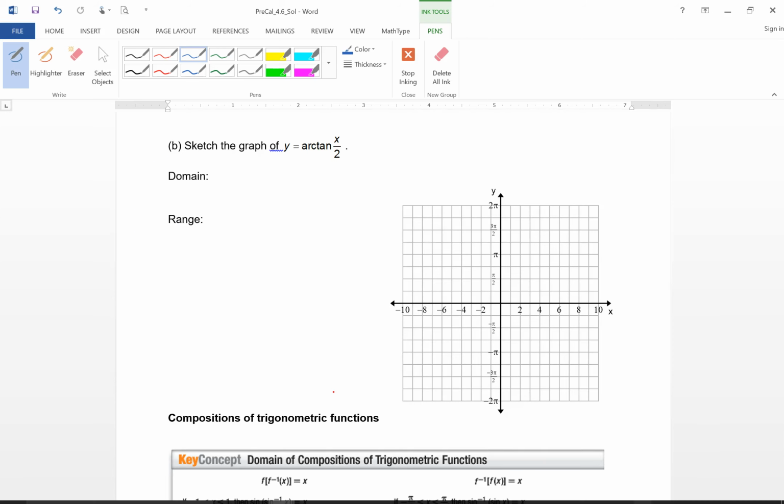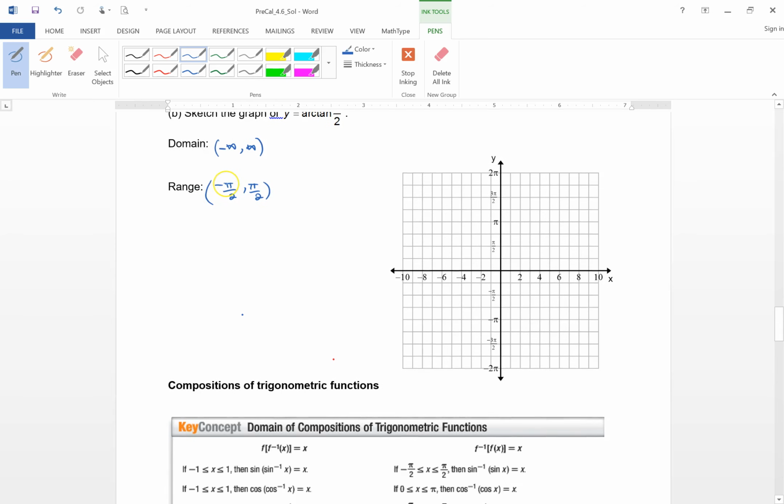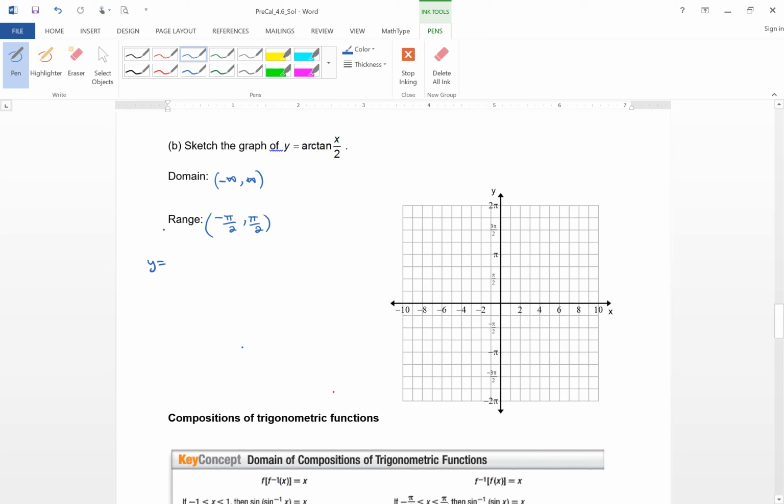Okay, so for the tangent, what is the domain for the inverse tangent? Right, and what is the range? Right. No, because what does tangent have? Okay.